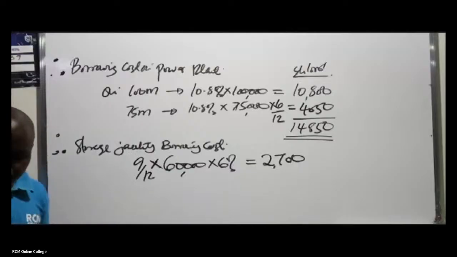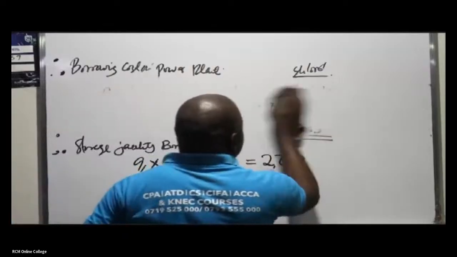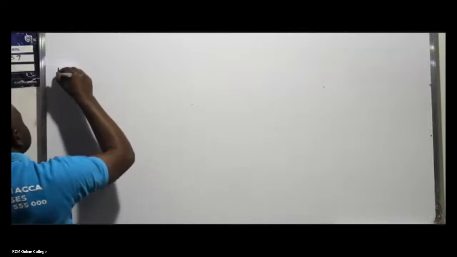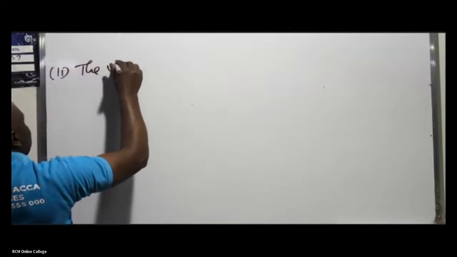So number 2, we are supposed to get the value of the assets.